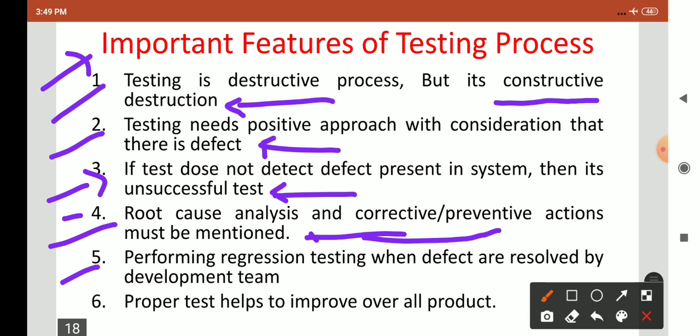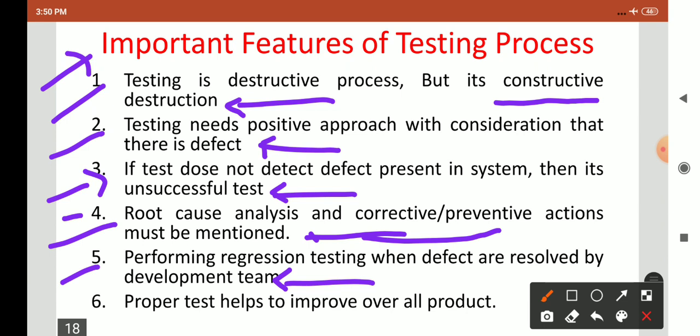Then the next feature is performing regression testing when defects are resolved by the development team. So you already know what regression testing is. We already covered how regression testing happens. Suppose, for example, you find 10 defects in the first phase of testing, then those 10 defects go to the developer.